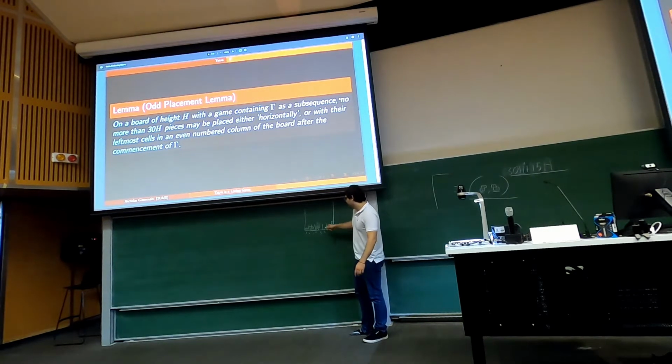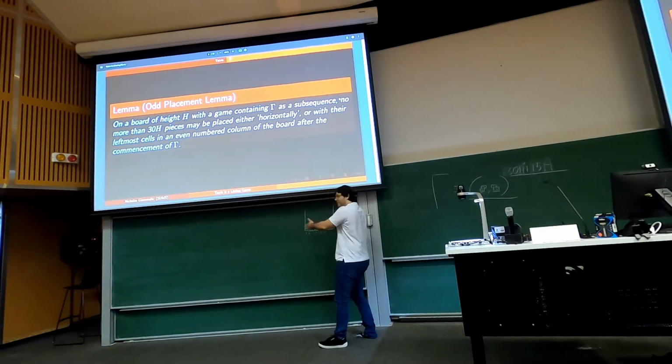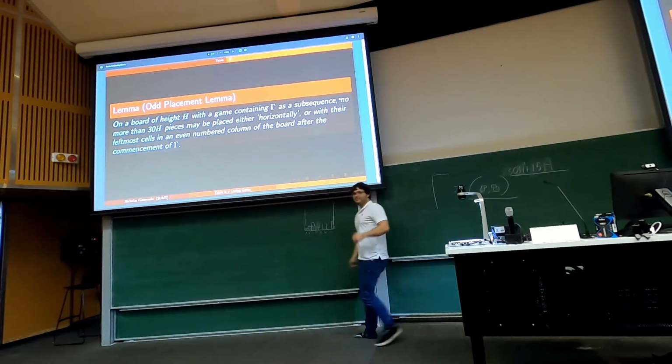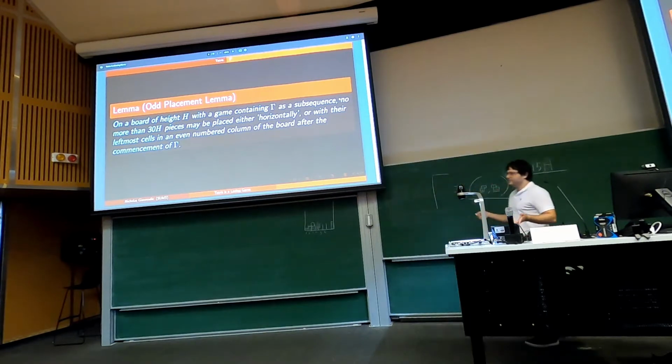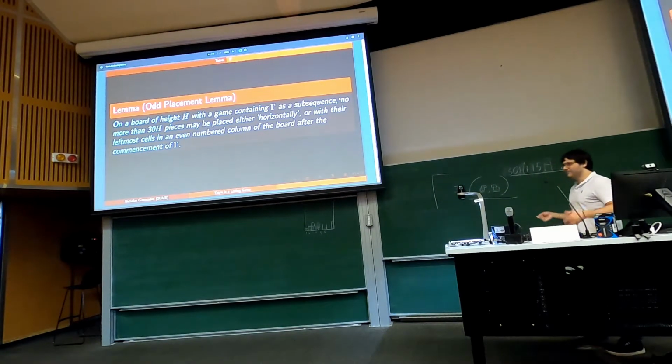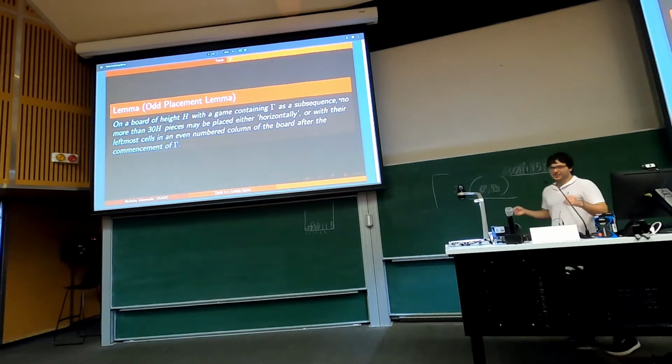Similarly, if we place pieces vertically such that their leftmost pieces are in an even numbered column, then if you try to fill that out, you end up with this problem where, again, you must leave a column somewhere, maybe on the side. So if you had it here, then you'd be leaving this column here on the side. So that's some motivation for how you'd be placing these S and Z if you were trying to survive, but it's not enough.